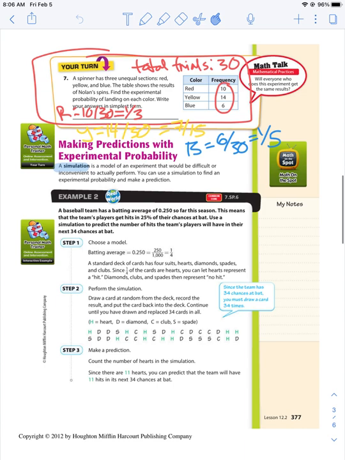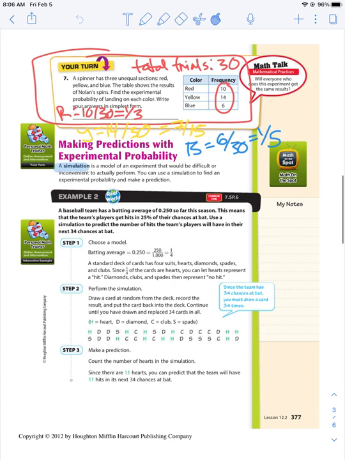A baseball team has a batting average of .250 so far this season. That means that the team's players get hits in 25% of their chances at bat. Use the simulation to predict the number of hits the team's players will have in their next 34 chances at bat. So when we do a simulation, first we're going to choose a model. So for this example, we chose a deck of cards.